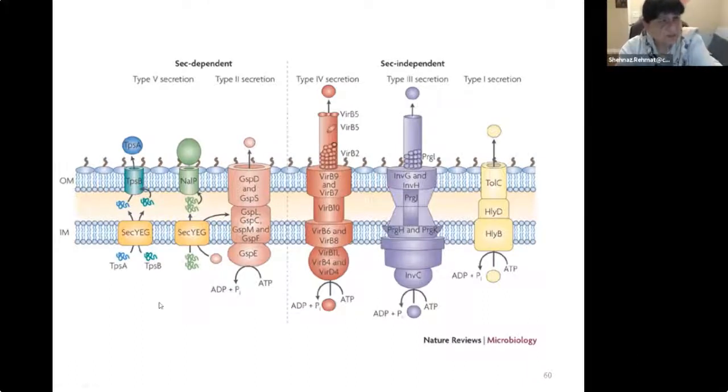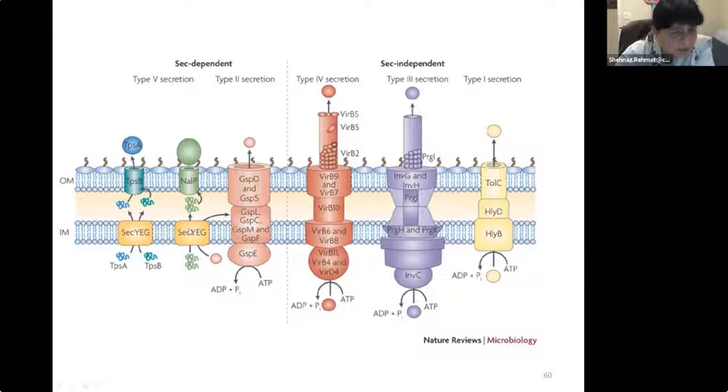So here is a model where you can see which of the transport systems are dependent on the SEC system, which is found in your cytoplasmic membrane or the plasma membrane, and which of the secretory systems are SEC independent.